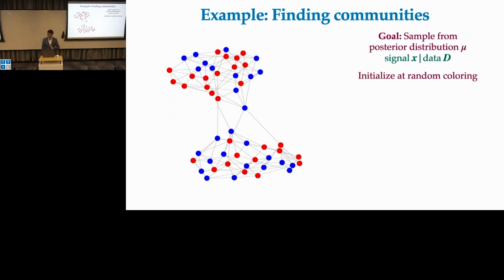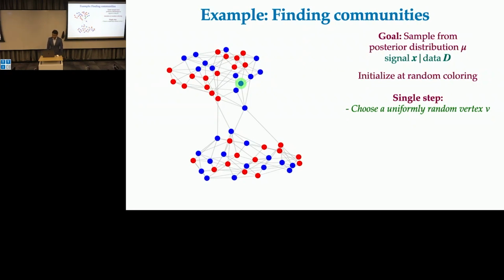You start off by coloring the vertices randomly. This is going to have no correlation with the ground truth. You didn't look at the data in any way. But now you want to repeatedly perform certain simple local updates, which will hopefully improve how correlated you are with the hidden coloring.